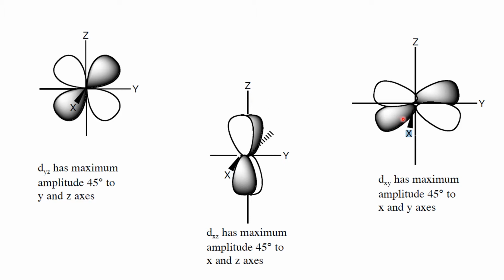Similarly, dxy orbital is in between the x and y axis. So these orbitals have a maximum amplitude 45 degree to the corresponding axis. This is the orientation of the lobes of the orbitals with respect to the coordinates.